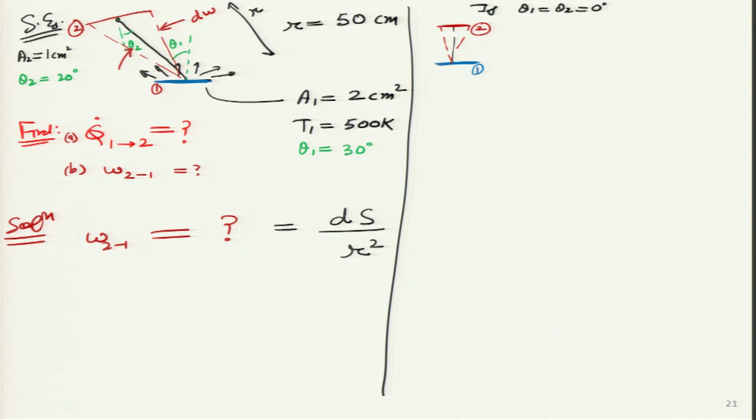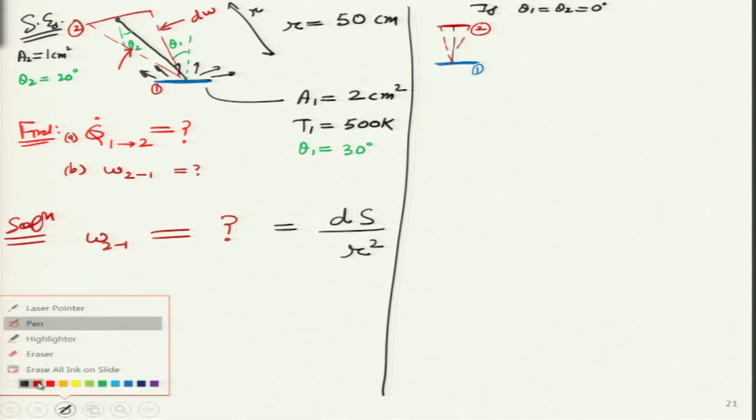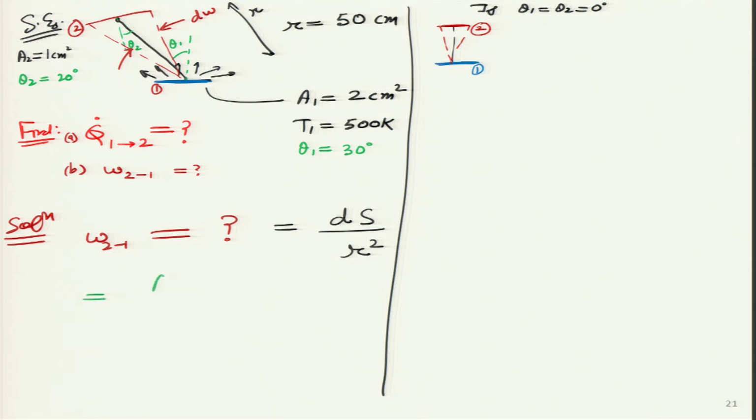Now, what is the projected area? The area projected by surface 2 would be proportional to A2, which is its own surface area, into cos theta 2. If theta 2, which right now is 20 degrees, had been 0 degrees, then the whole 1 centimeter square would be projected over there.